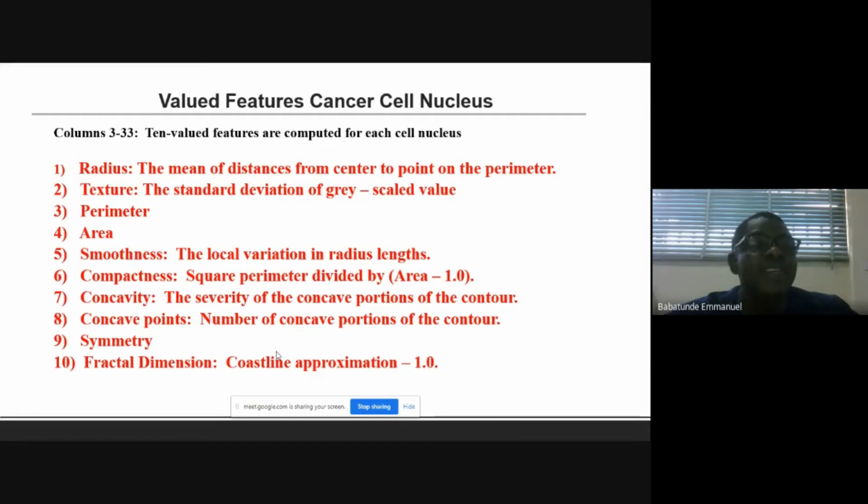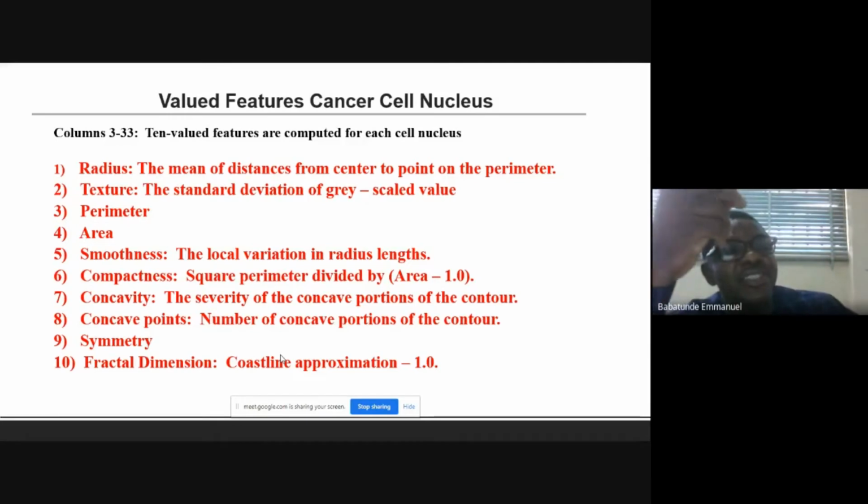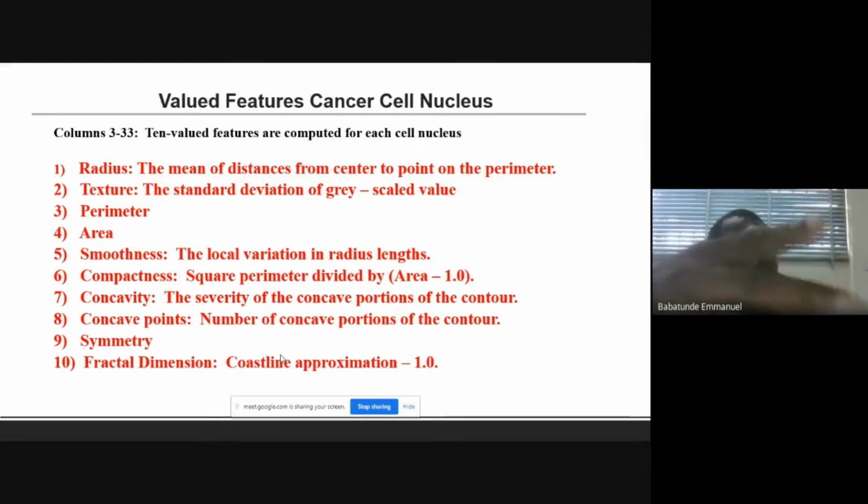These include the radius, the texture, the perimeter, the area, the smoothness, the compactness, the concavity, the concave points, the symmetry, and the fractal dimension. These are the quantities that are statistically manipulated, quantified and tabulated for us to use as our cancer dataset features.